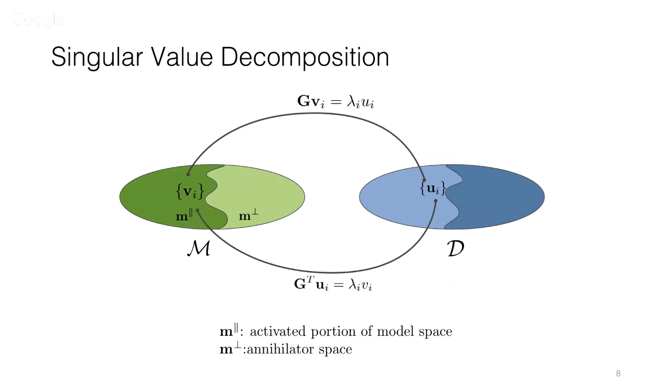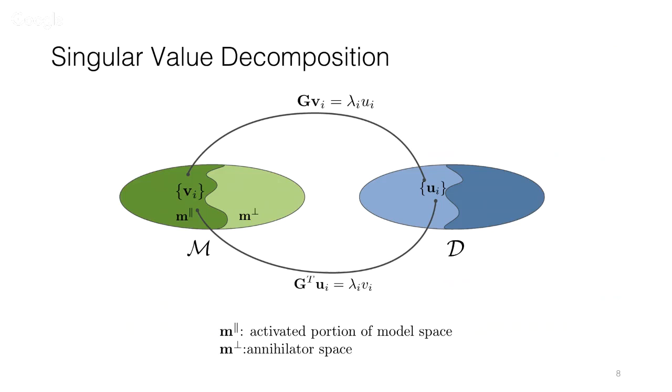So if I take a vector vi in here and multiply it by G, I end up with that vector here. So v1 goes to u1, multiplied by some lambda i.